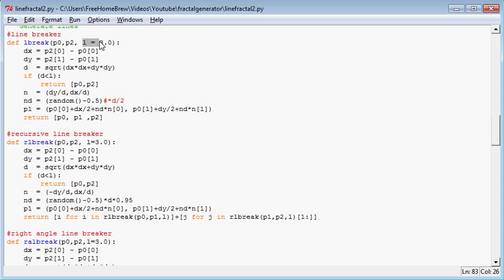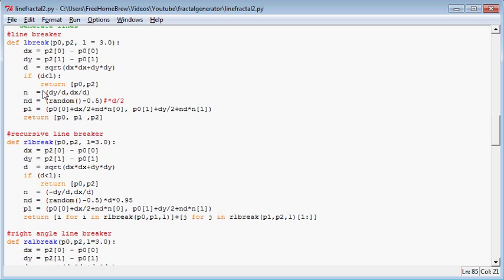L is the limit of the length of the line. So if the line is smaller than L, it will just return these 2 points, it won't break it. If not, it will proceed with this bit over here.